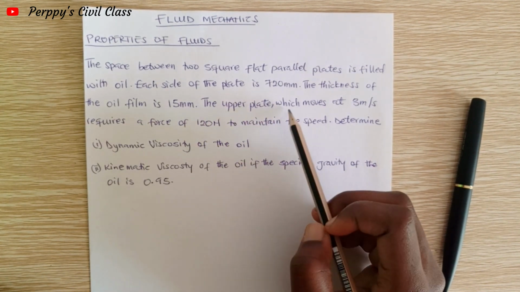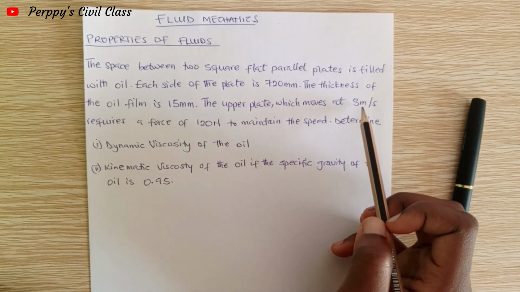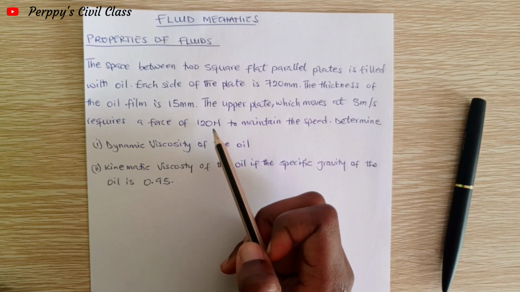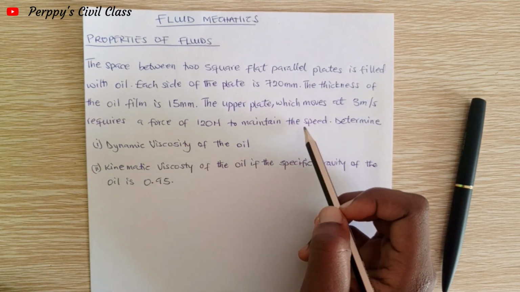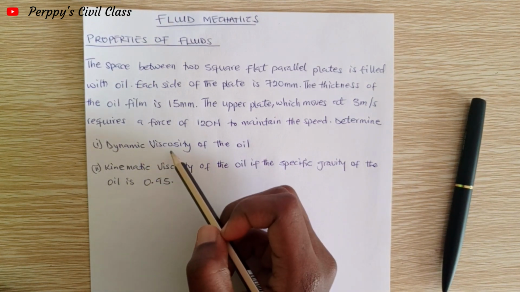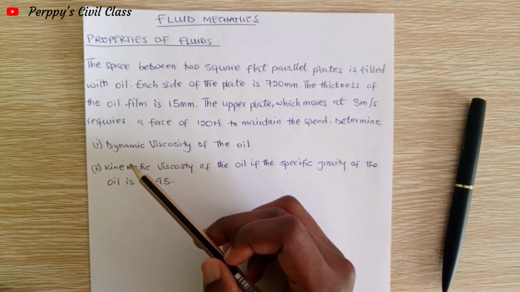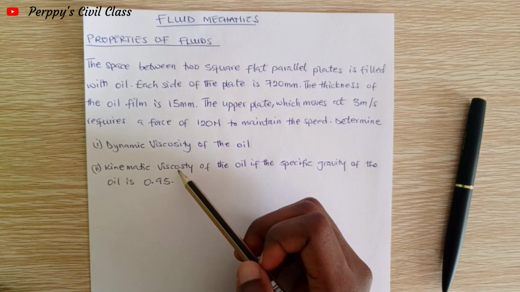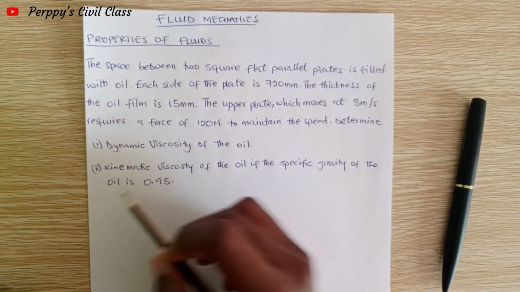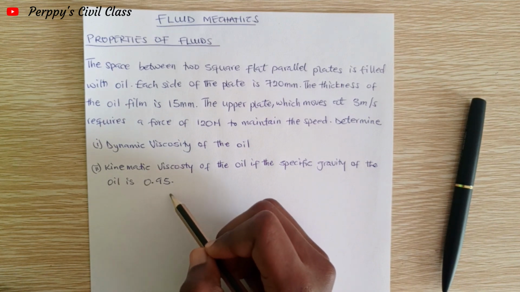The upper plate, which moves at 3 meters per second, requires a force of 120 Newton to maintain the speed. Determine (I) the dynamic viscosity of the oil, (II) the kinematic viscosity of the oil, if the specific gravity of the oil is 0.95.